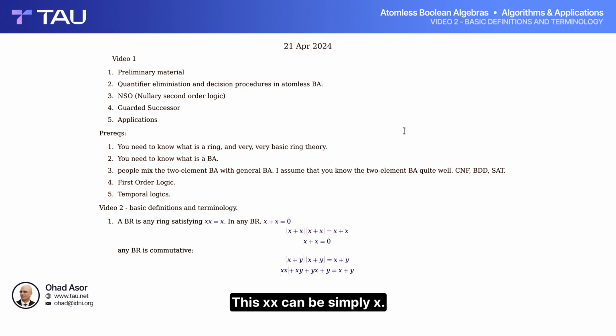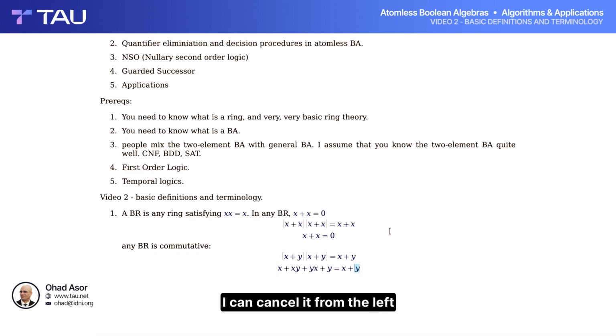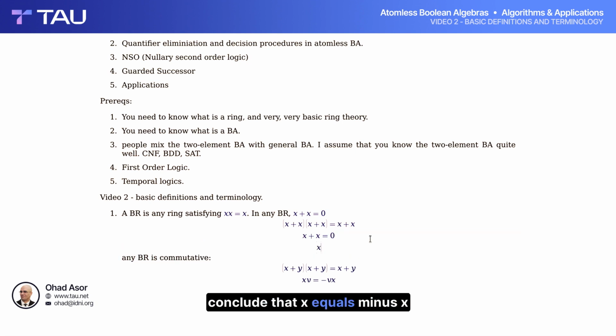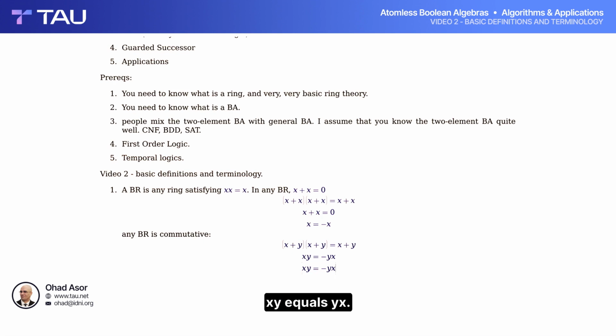This x can be simply x. And now I have here x plus y. I can cancel it from the left-hand side. So here I put 0. Here I remove this. And what we get is xy plus yx equals 0, which is actually xy equals minus yx. But from this equation, we conclude that x equals minus x for any x, and therefore xy equals yx, so the ring is commutative.